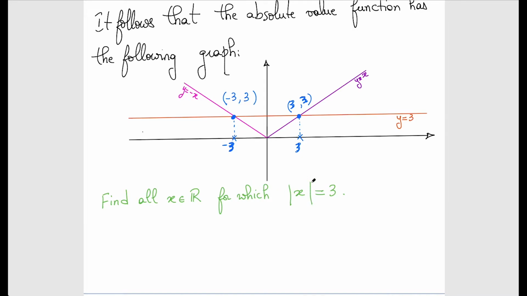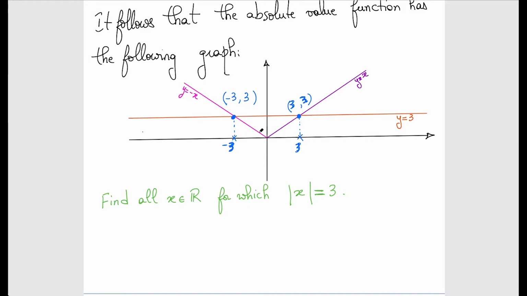So we were talking about the absolute value function, which is the purple and the pink, to match the line y equals 3, which is the orange line. So the question is, what are the x coordinates of the points of intersection between the absolute value function and the function y equals 3? And we found them.